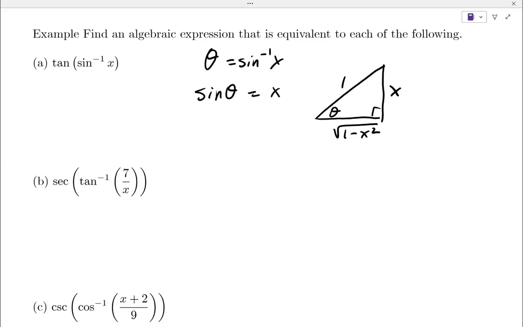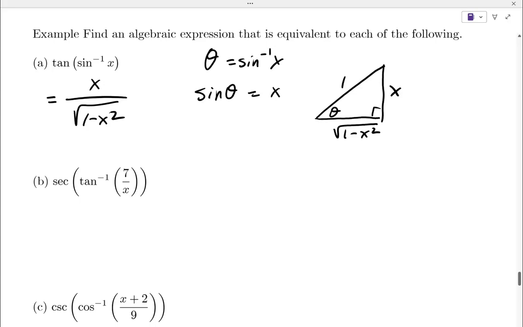Notice this is what I call theta again, right? I want tangent of theta. What gives you tangent of theta? Yeah, opposite over adjacent, right? The opposite is x. Adjacent is root 1 minus x squared.